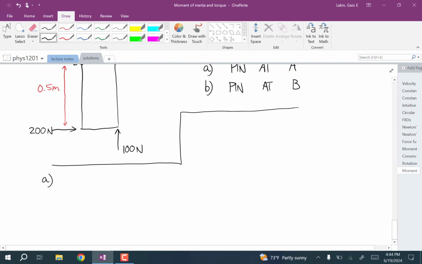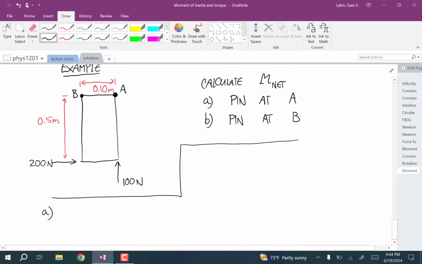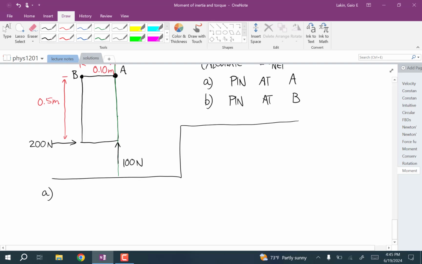Okay, so first, what about this 100 Newton force? What kind of torque does that produce about A? Well, the line of action of that force is this. You can see that that line of action goes right through the point A, and anytime that happens, your distance d is 0.